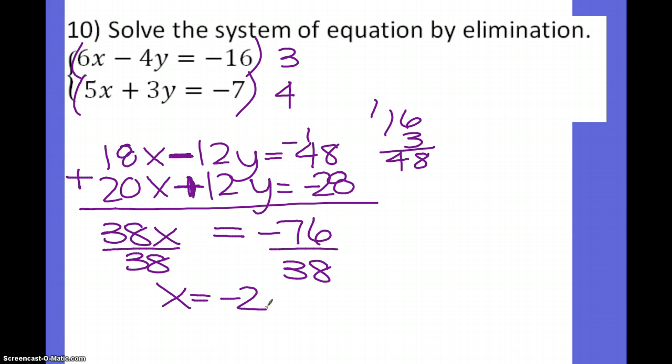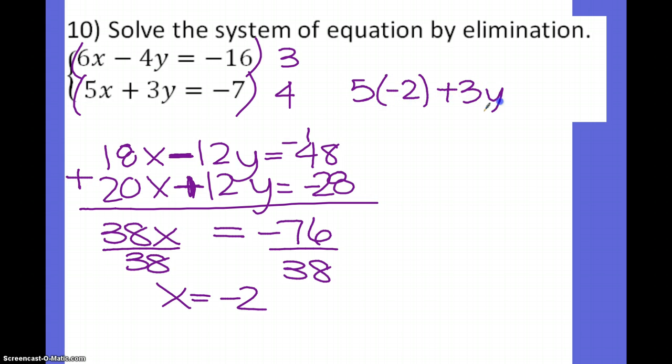So then to finish this out, we're going to substitute x is negative 2 back into one of the equations, and it doesn't matter which one you use. So I'm going to use the bottom. 5x, but we know x is negative 2, so 5 times negative 2 plus 3y is negative 7.